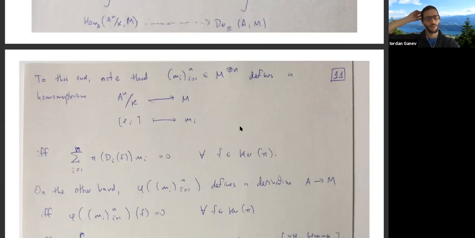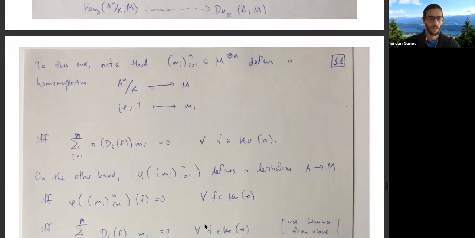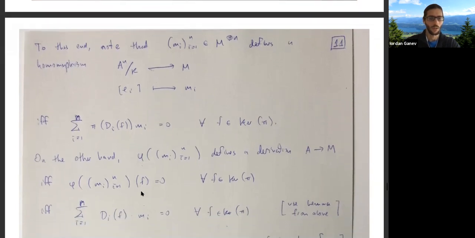A is a quotient of the polynomial algebra in T_1 through T_n, and a derivation from the polynomial algebra to M factors through A if and only if it acts as 0 on all the things in the kernel of the quotient map. Okay, so what does it mean to be acting by 0? Well, we use the definition of this phi.